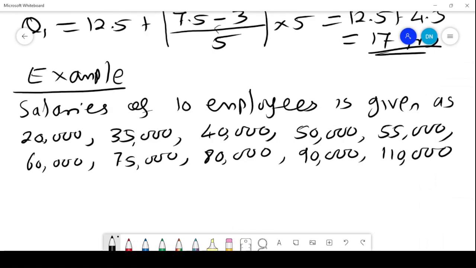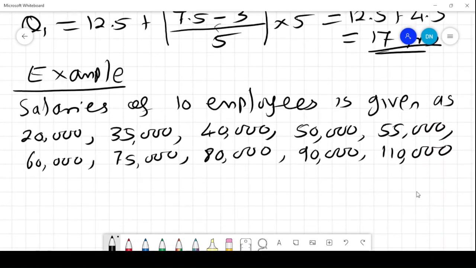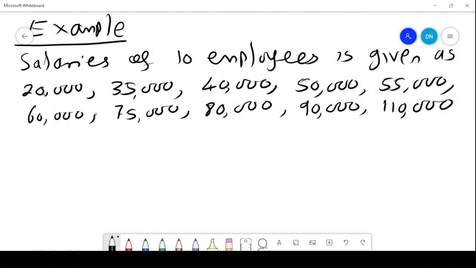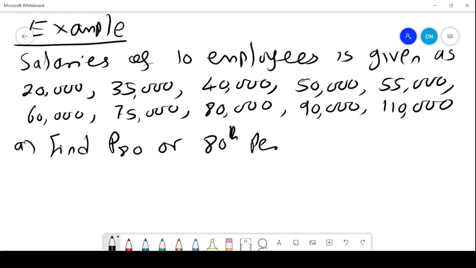So we are given the salaries of 10 employees in an organization. Now we want to use this data to find, the first part is we want to find P80, or the 80th percentile. The procedure is the same.